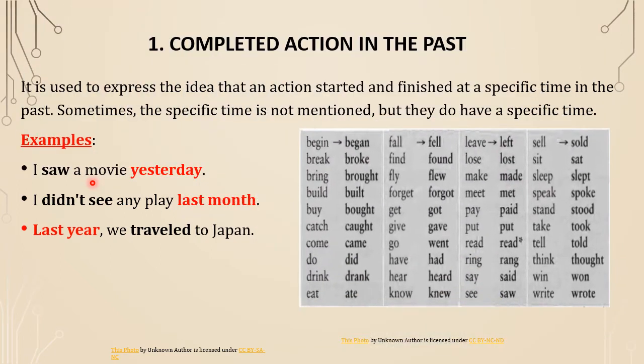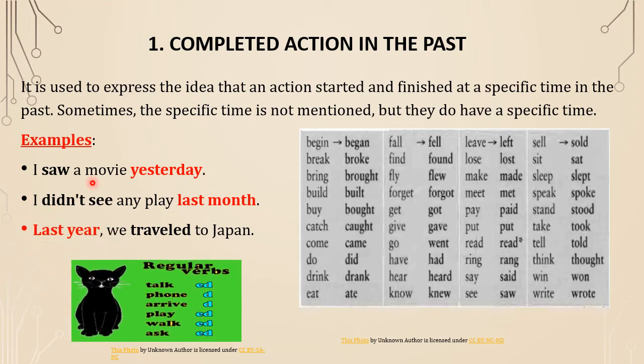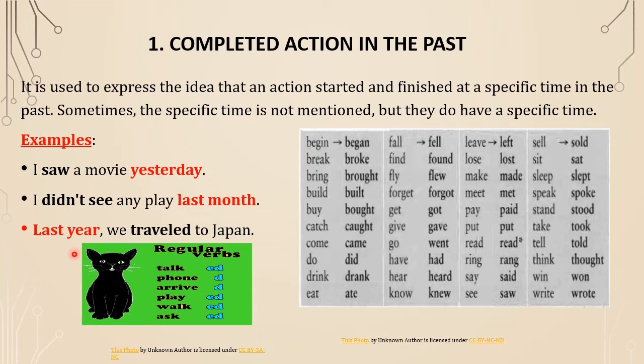Now, what are the regular and irregular forms of verbs? A verb is regular when its past and past participle forms are made by adding simply ed. You have come across many such verbs: traveled, moved, liked. So you're going to simply add ed to make their past form.